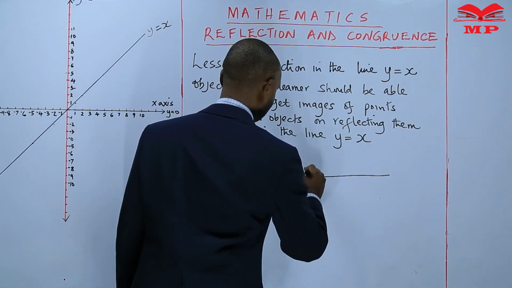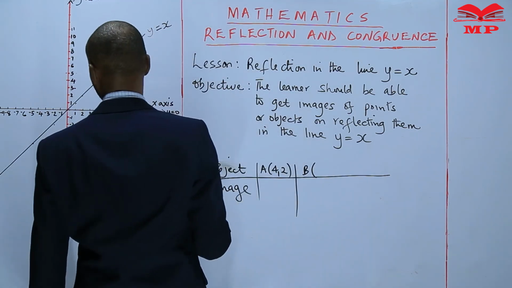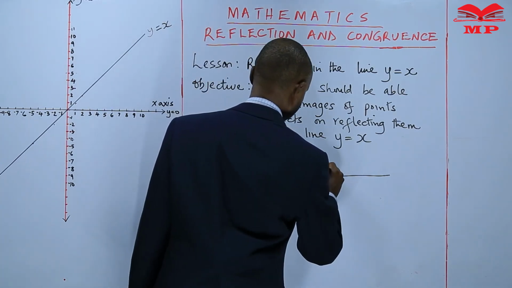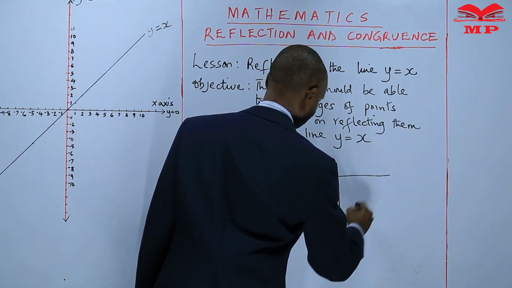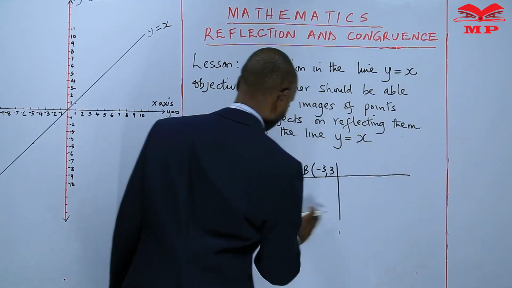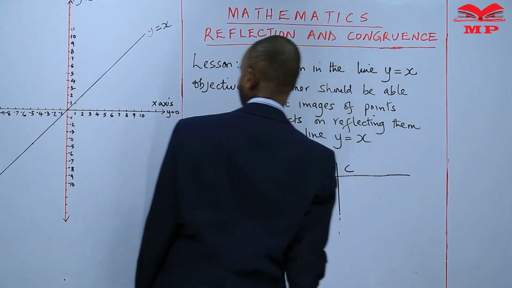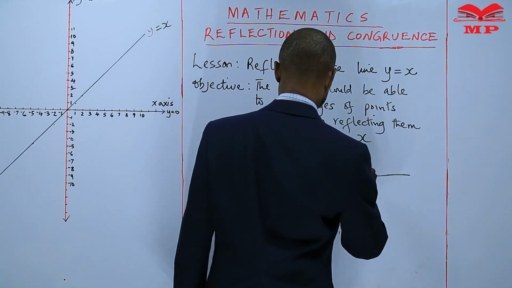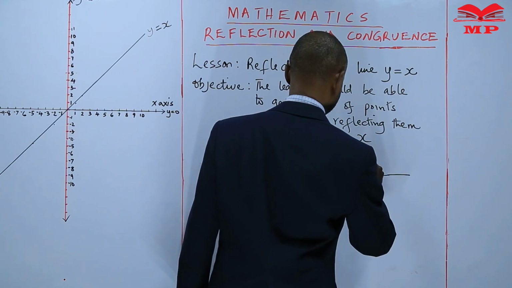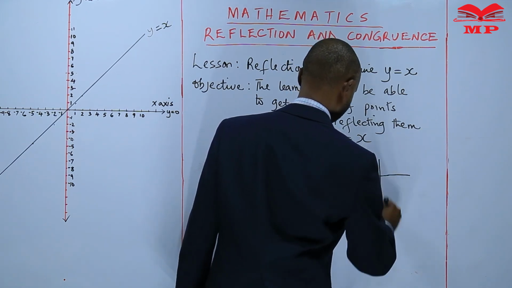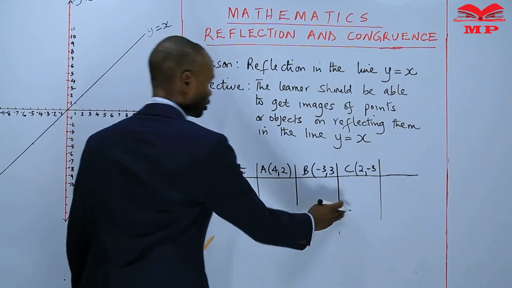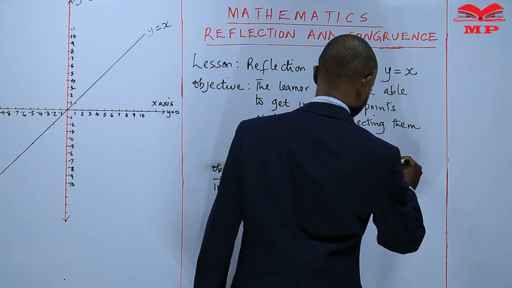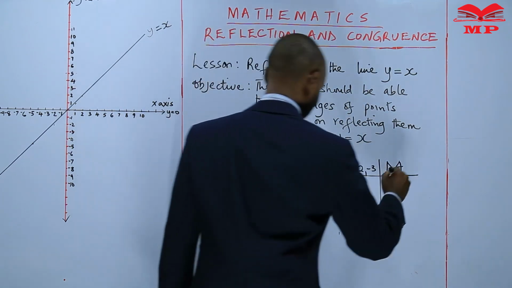We can have another point B, negative 3, 3. We can have another point C, 2, negative 3. And the last point, you can choose point D, where we have 4, negative 2.